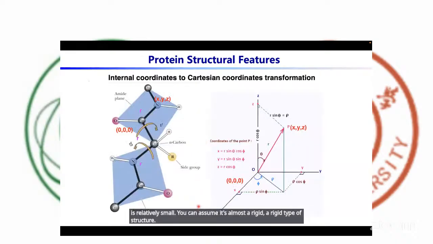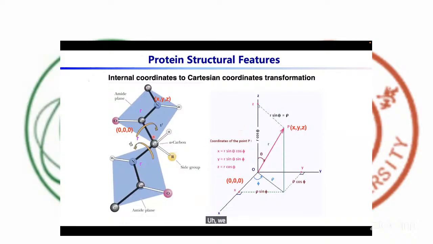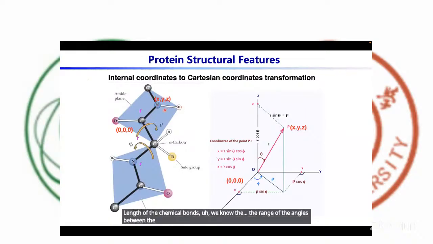Based on this definition, we typically know the range of the length of the chemical bonds, and we know the range of the angles between the chemical bonds if we assume they are rigid. That leaves only two flexible angles, the phi-psi angles.